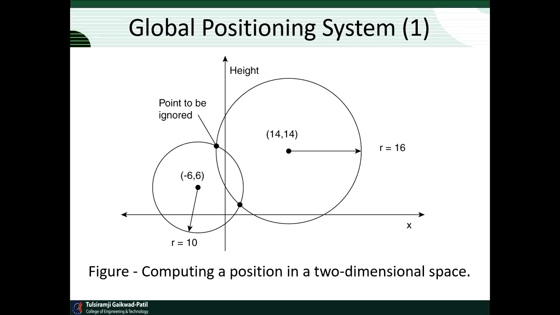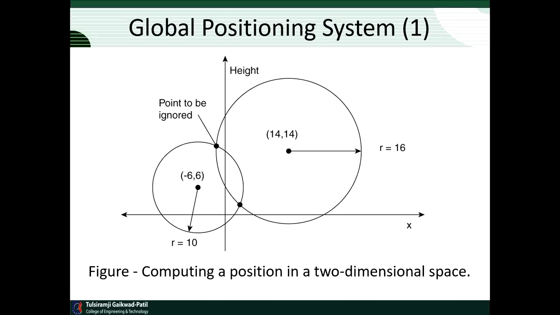The y-axis represents the length, while the x-axis represents a straight line along the Earth's surface at sea level. Ignoring the height, we see that the intersection of two circles is a unique point.